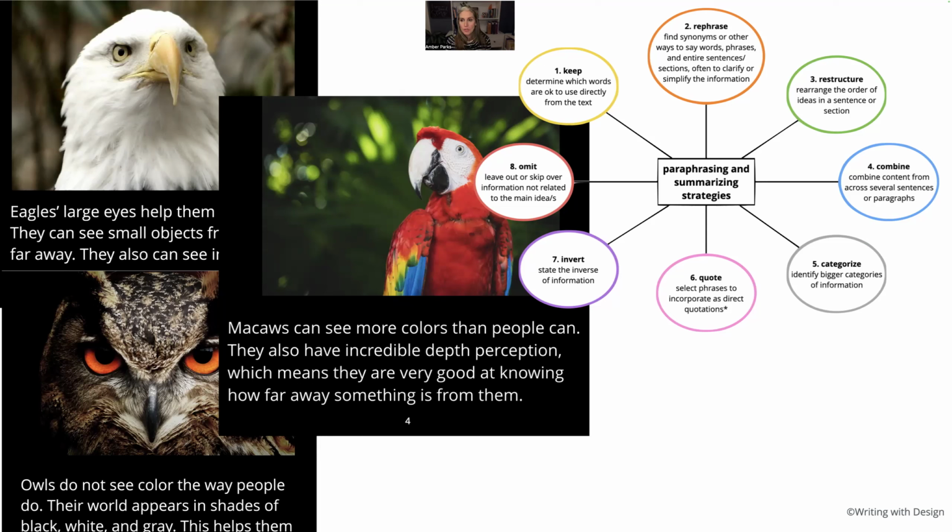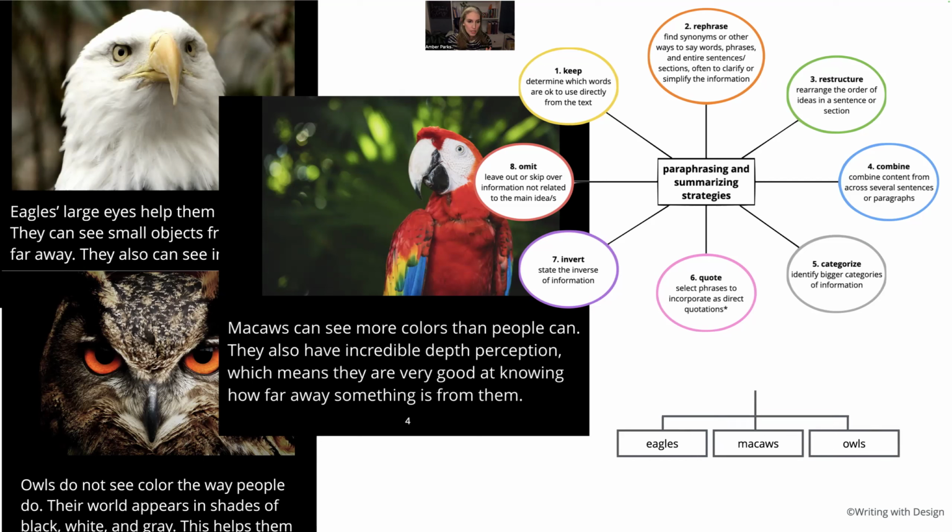But what I want to get to now is actually strategy number 5, which is about categorizing, right? So if we have eagles and macaws and owls, can we see that there is a larger category here? I think we all can, that these are all birds. So this is really a strategy that is helpful for paraphrasing, but it really starts to hint at what we want to do with summarizing, right?